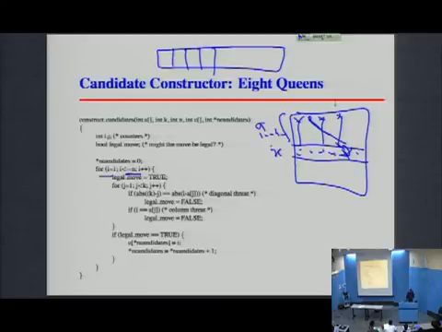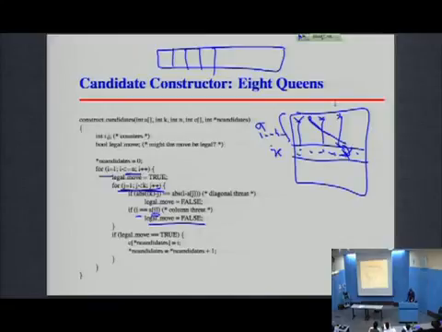I'm now going to go through all of the k queens that are already in my partial solution. If the jth queen is in the ith spot, well, position i can't be legal. Then there has to be the test of the diagonal situation.